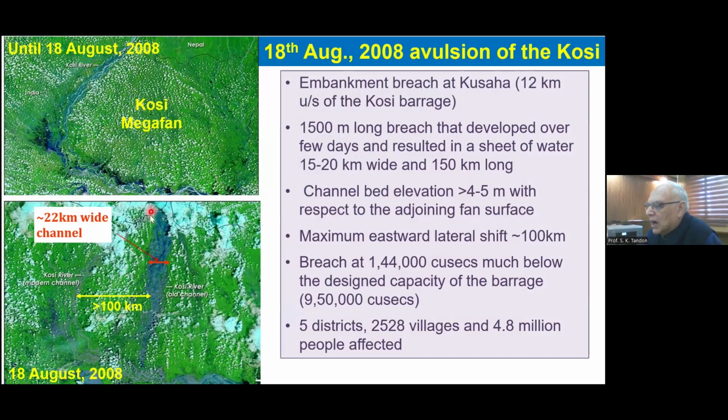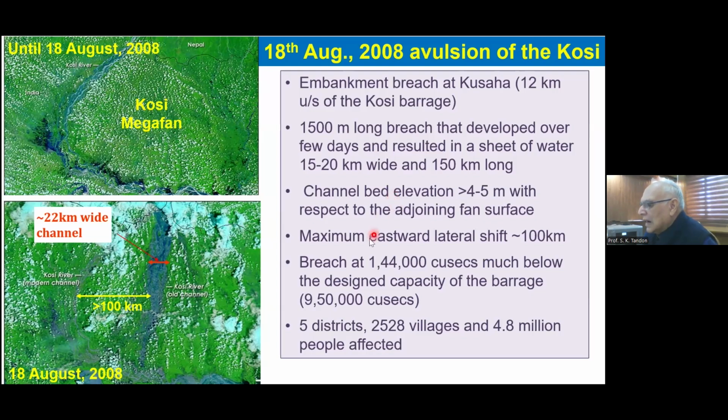There was an embankment breach at Pusaha, 12 kilometers upstream of the Kosi barrage. It was a 1.5 kilometer long breach that developed over a few days and resulted in a sheet of water 15 to 20 kilometers wide and 150 kilometers long. The channel bed elevation was about 4 to 5 meters with respect to the adjoining surface, which means the channel bed was at a higher level than the adjoining area.